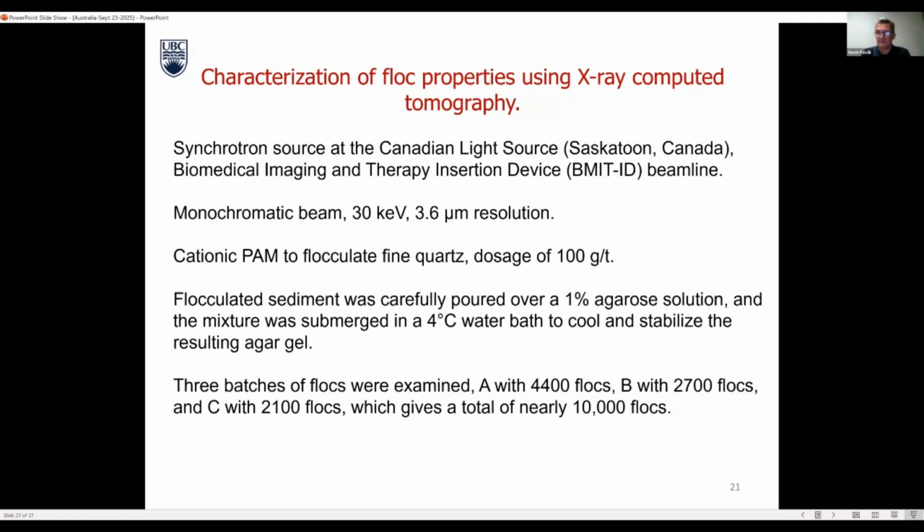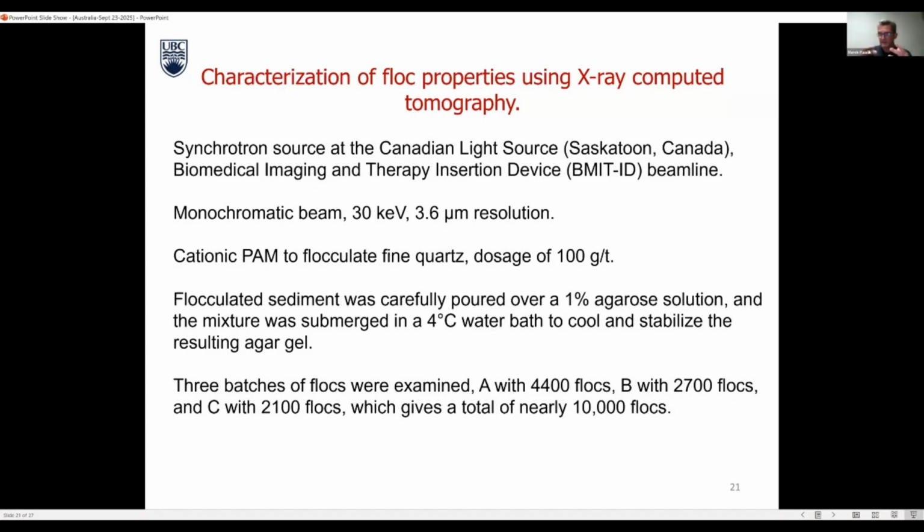Again, the same flocculation, the same flocculant, sorry, the same solids. In this case, after flocculation, we transferred the flocs into an agarose solution for setting, because we found that this is the best way to preserve them. This is described in publications of many studies that did similar work on floc aggregates.